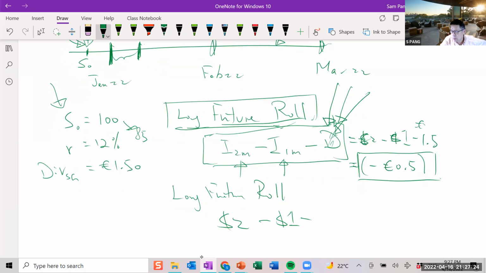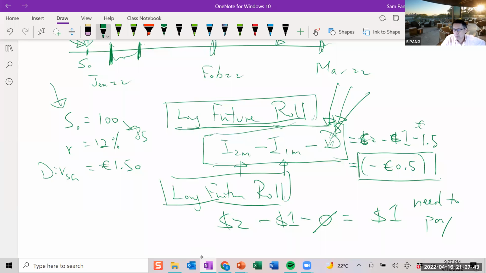Forget the dividend. The dividend will be 0. There's no way they can pay a dividend. Absolutely no. So the futures roll should be $1. You should need to pay $1 in order to be long this futures roll.